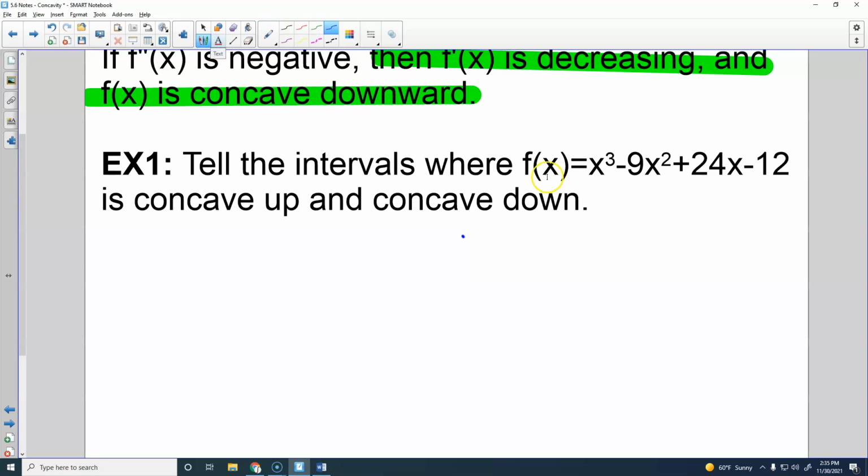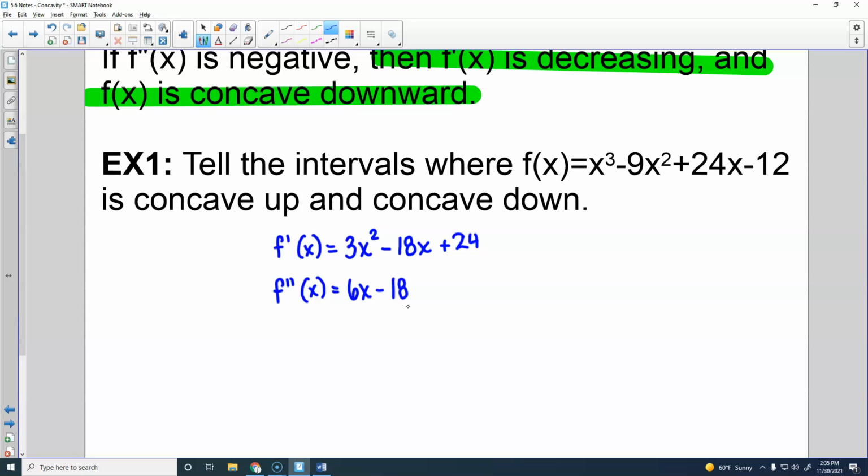This one is pretty straightforward for finding your derivative. You get 3x squared minus 18x plus 24. And then do it again: 6x minus 18.